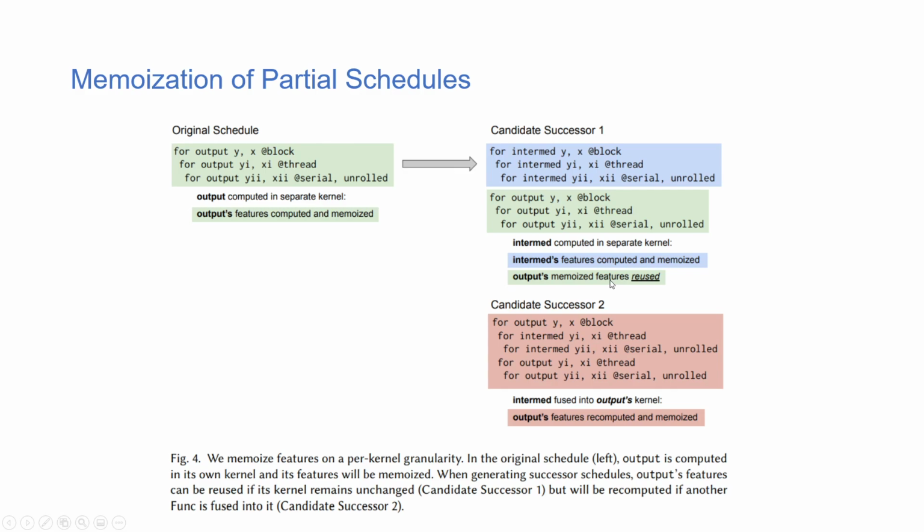They mentioned in hierarchical sampling that you have a structural hash to group them and select the samples, so I don't know if that same hash is used for memoization. I don't remember them mentioning it. And then if these two schedules are fused together, and now you have it like this, then for this output you have to recompute the features and memoize them again.